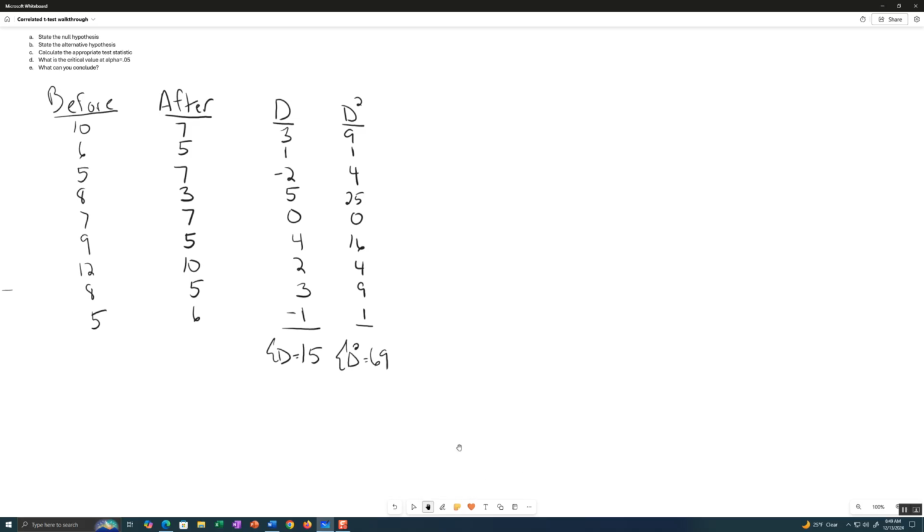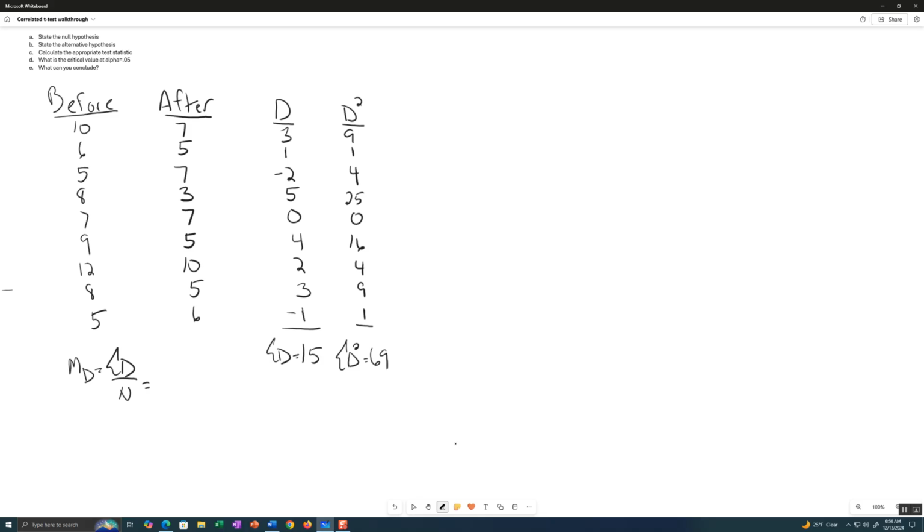So now we have to get the formula to work with to calculate. First we need the mean of d, and that's simple enough. So the mean of d is the sum of d over the number of pairs of scores. So n here is the number of pairs of scores, right?